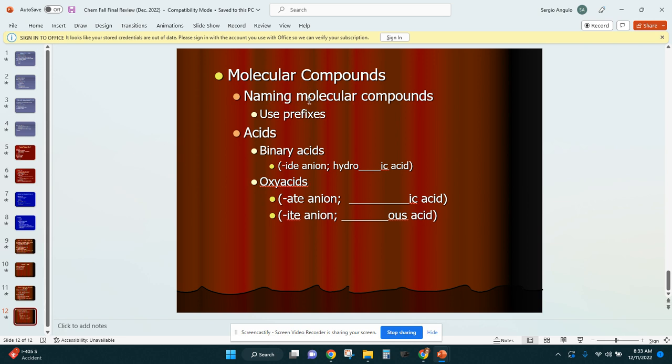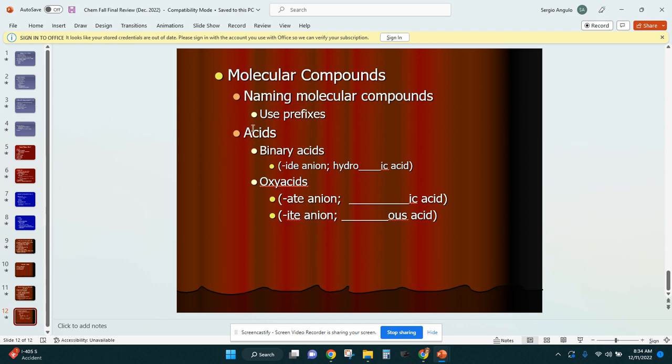In ionic compounds, there can only be one proportion between any two ions because it's fixed based on the charge on each ion. Here, you can have many formulas between any two elements in molecular compounds.